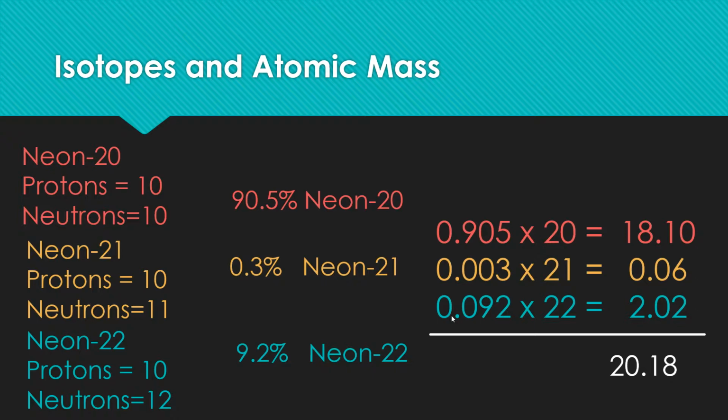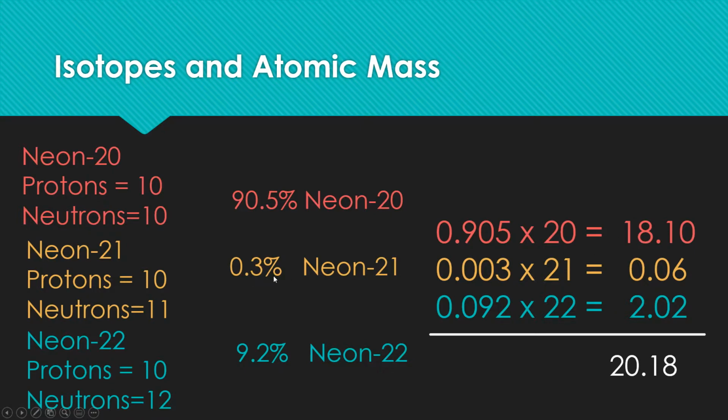So what is efficient is using this percentage thing, because people can figure out this percentage thing, and I'll show you how here in a minute. So we know that 90.5% of all the neon is neon 20, and 0.3% of all the neon is neon 21, and 9.2% of all neon is neon 22. So we take that percentage represented as a decimal by moving the decimal over 2 places. So 0.905 times the mass, 20, gives us 18.1.